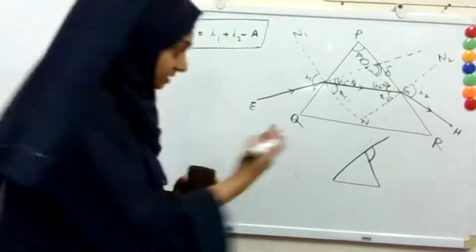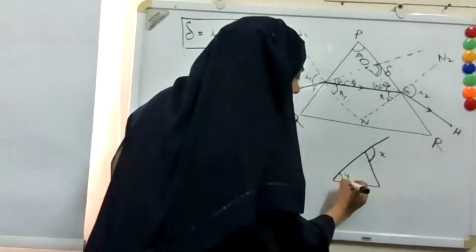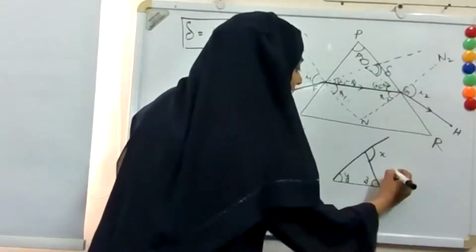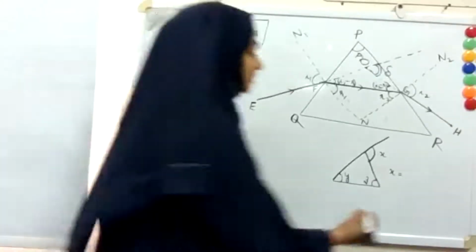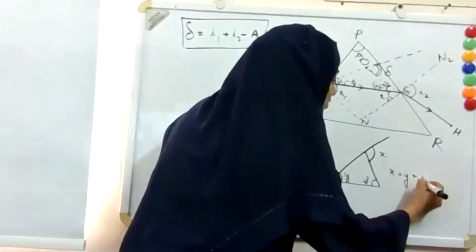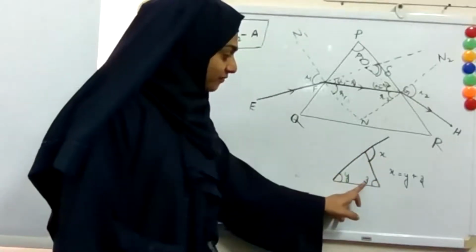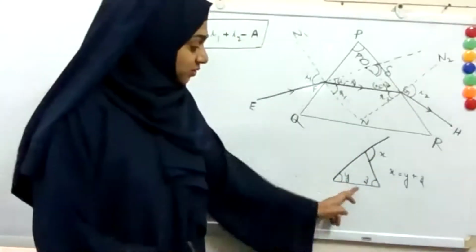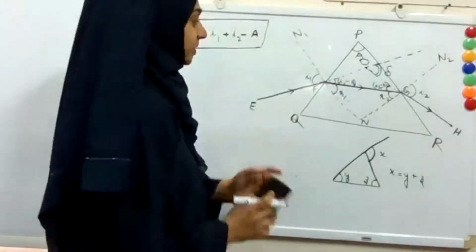External angle. Suppose this is x, this is y, this is z. X is equal to Y plus Z. So you know that the external angle is the sum of two internal angles. Now, I am going to apply that here.